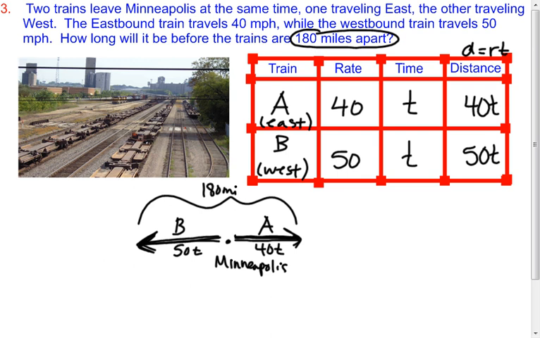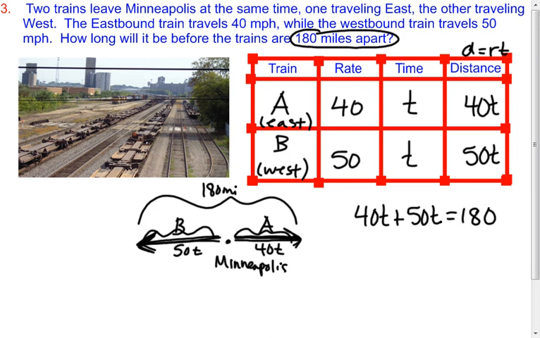So from here to here is 40t, and from here to here is 50t. And together, when I take that 40t and that 50t, they have to add up to 180 miles. So 40t plus 50t, train A's distance plus train B's distance, has to add up to 180 miles.